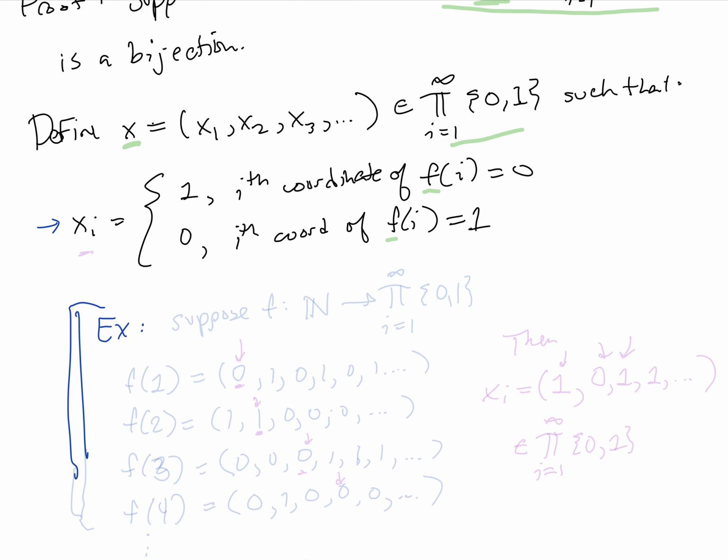So example, let's suppose that f was mapping the natural numbers to the set, the Cartesian product from i equals 1 to infinity of {0, 1}, in the following way.